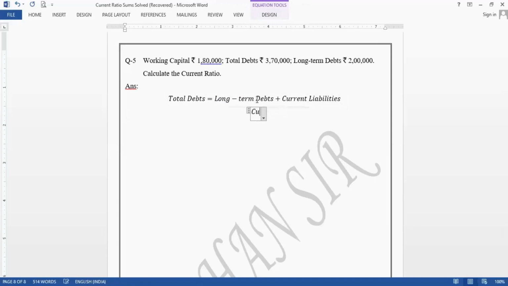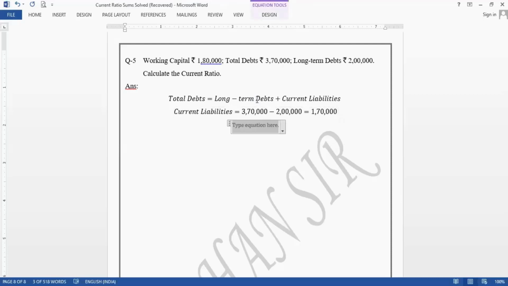So let us directly calculate current liabilities. Current liabilities will be equal to total debts minus long-term debts. Total debts is 3,70,000, long-term debts is rupees 2 lakh. So that is equal to 1,70,000. We are done with current liabilities.